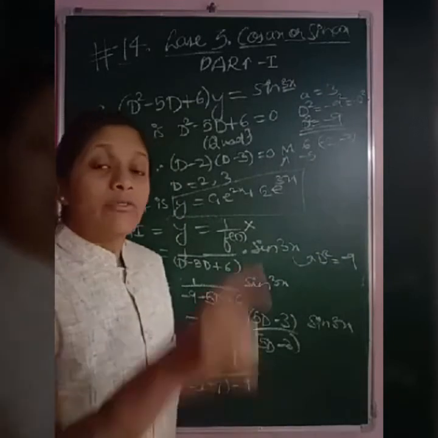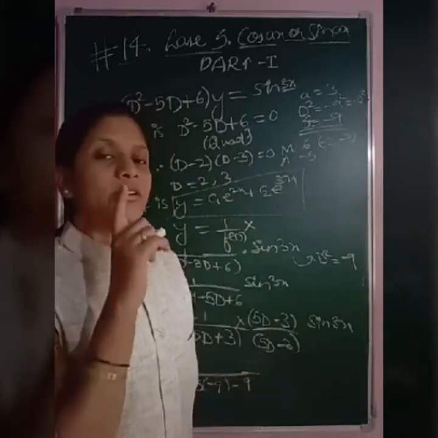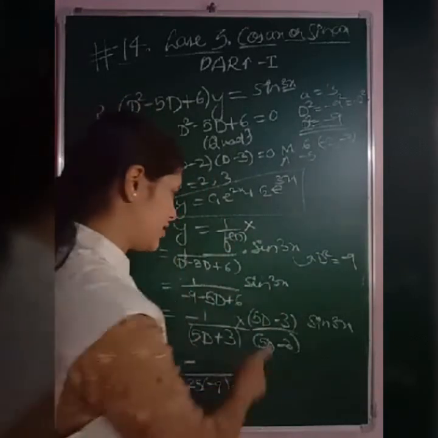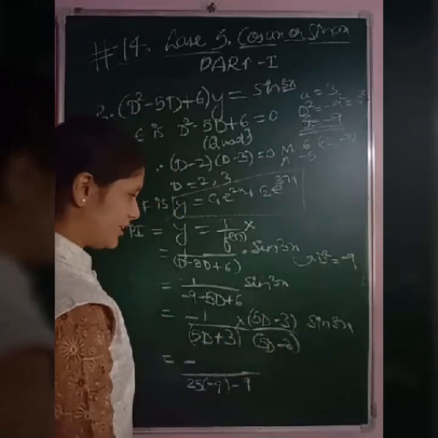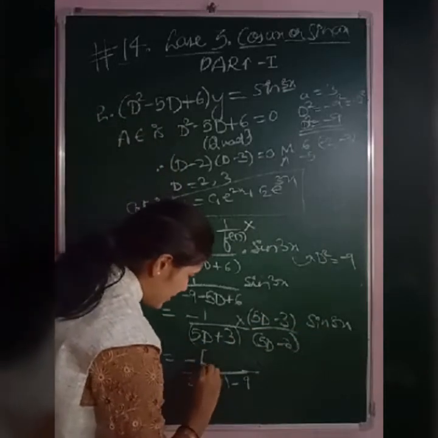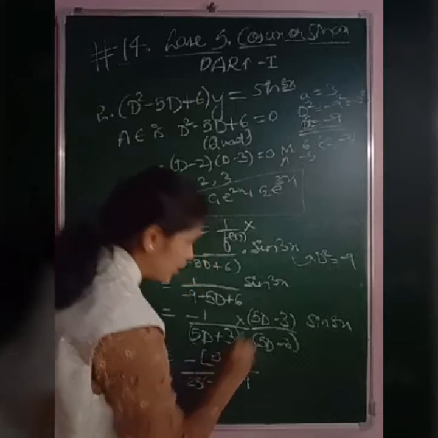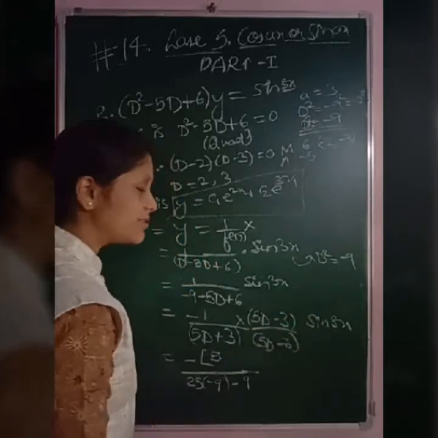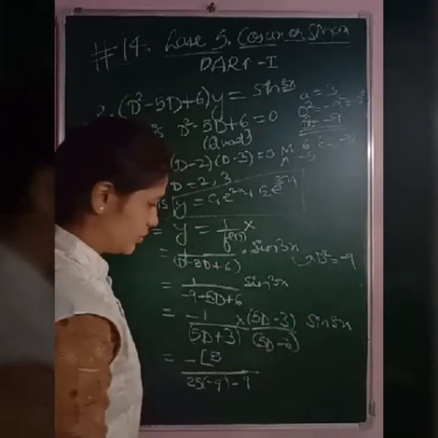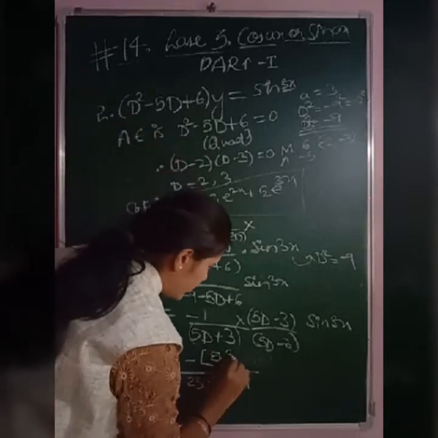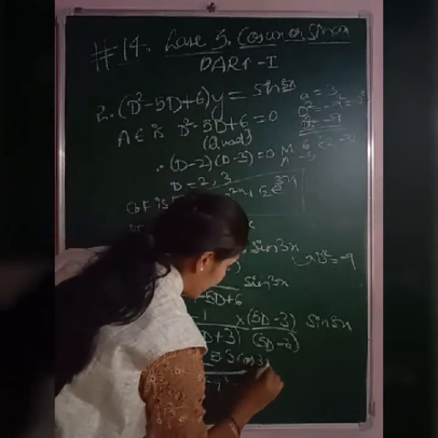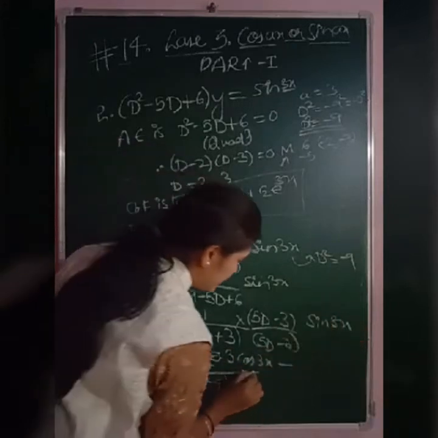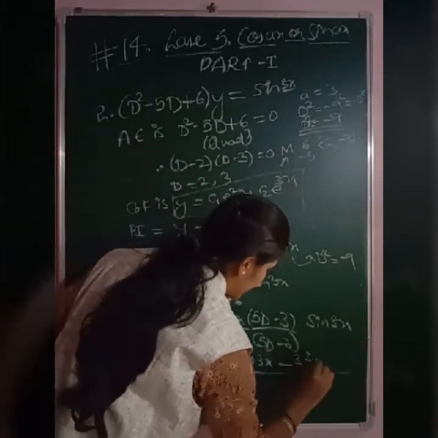Now what does d stand for? d stands for differentiation. So 5d sine 3x. So minus as it is, 5 into, what is the differentiation of sine 3x? Cos 3x into 3. So shall I write 5 into 3 cos 3x minus 3 sine 3x as it is.